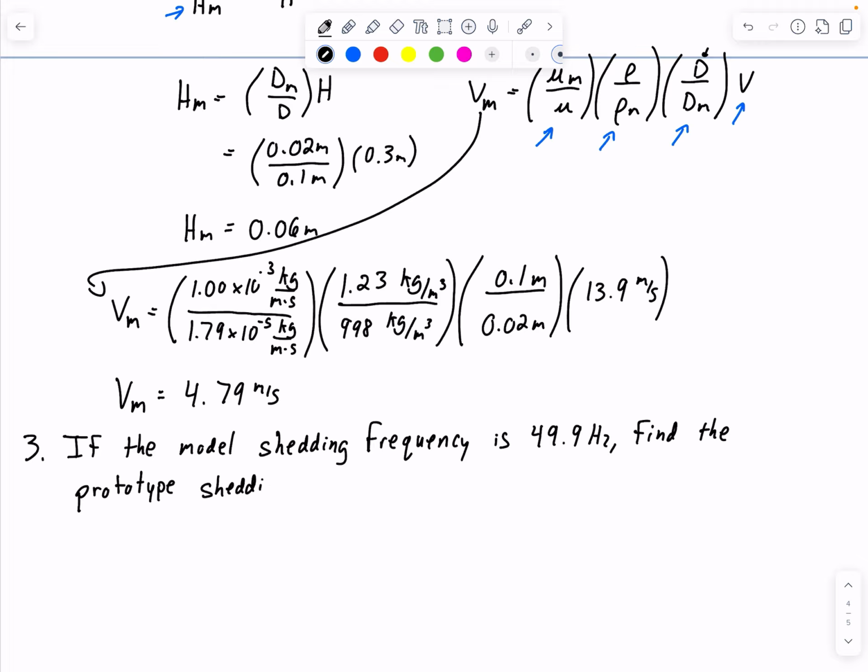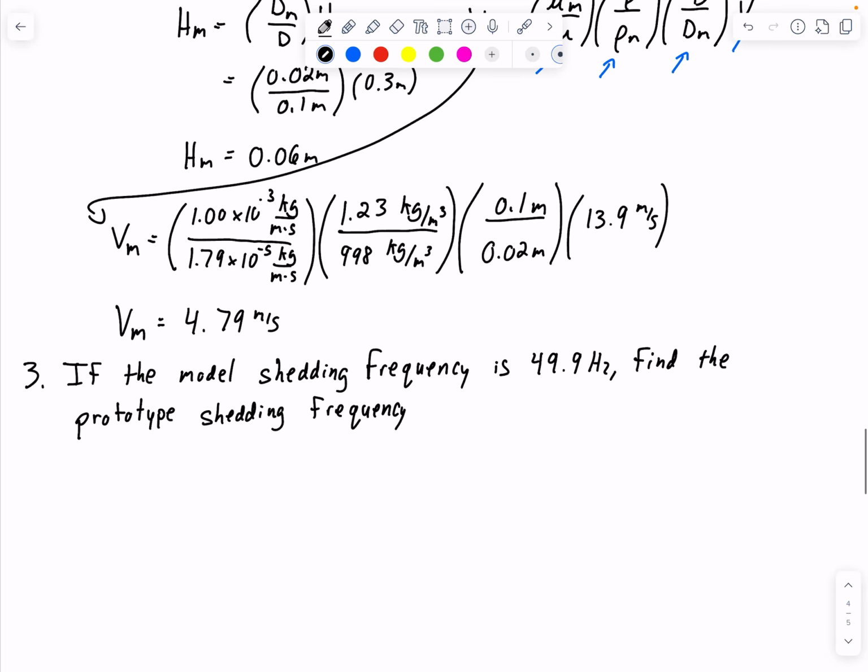And this was the goal all along: to find the frequency of the shedding of these vortices on this large-scale, original system.